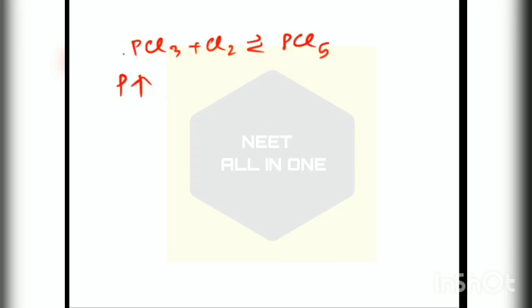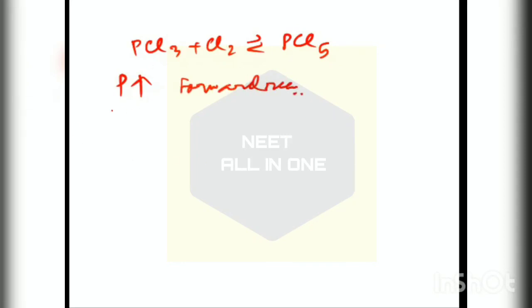If we count the number of moles of the reactants, that is 1 plus 1, 2, but the product has 1 mole, that is of PCl5. I have told you, if the pressure is increased, the reaction goes to that direction where the number of moles is less. So here the product number is less, so it will be our forward reaction.